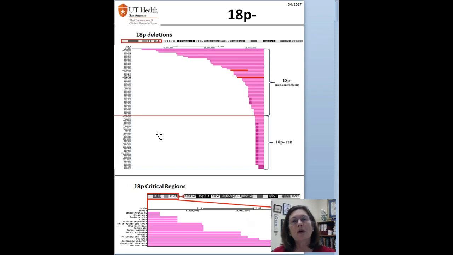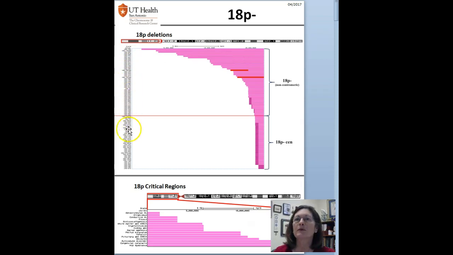And what I'm showing you are data from our molecular analysis of those people enrolled in the study. At this point, we have about 120 people with 18p- enrolled. This isn't everyone here, but it's a pretty good representation.